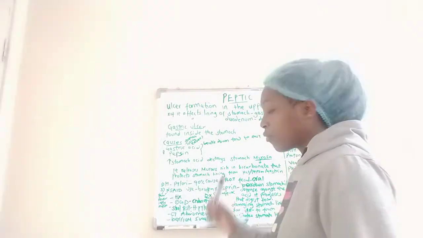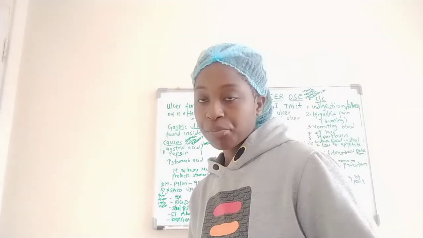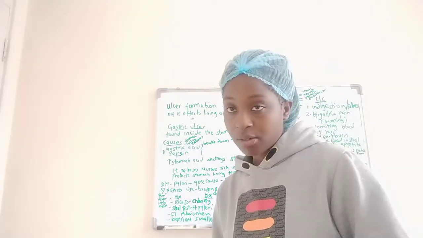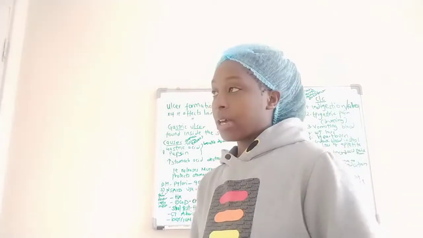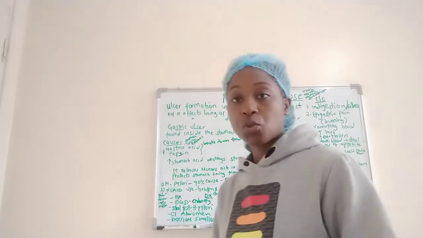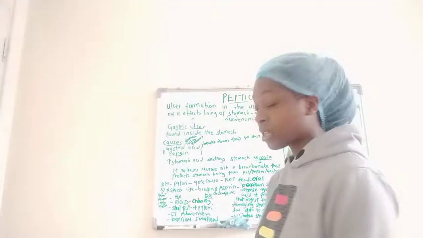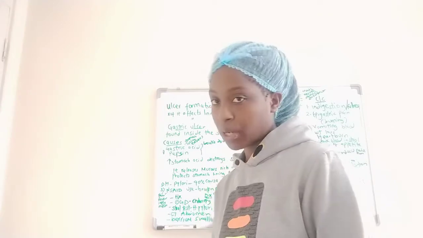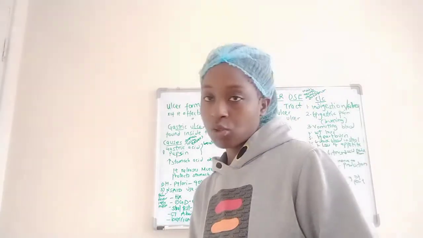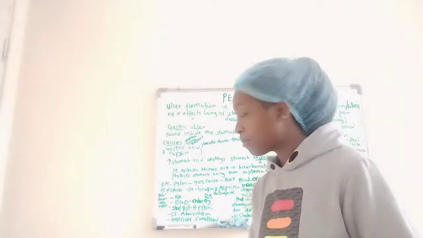So if an infected person passes stool in water, maybe in a river, and people fetch that water and drink it without boiling or treating it, that is how you are going to contract the H. pylori bacteria. It will go through your mouth to the stomach, where it will cause an ulcer.